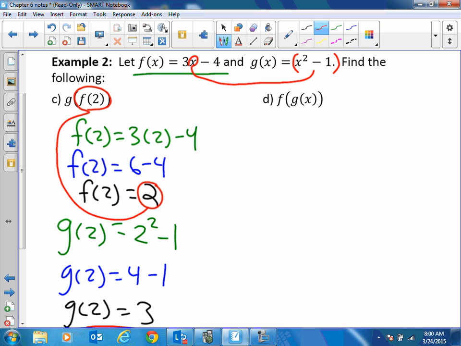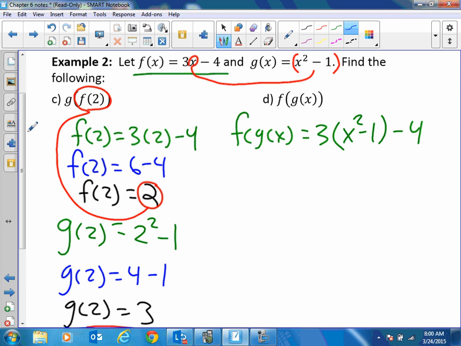Because usually you just plug into the x, now we're plugging in the whole expression for x. So how it's going to look is f of g of x equals 3, parentheses, now I'm going to plug in my x squared minus 1, minus 4, okay?